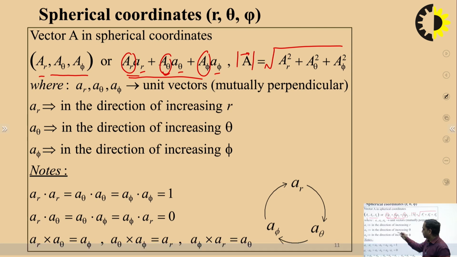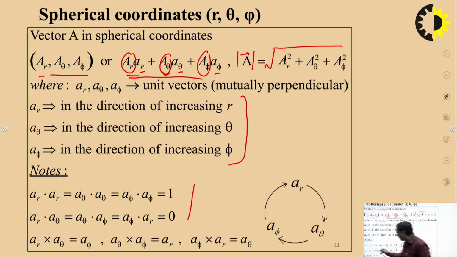Okay. So as I mentioned, a_r, a_theta, a_phi are the representation of the unit vectors, and the same properties apply as we discussed in the cylindrical coordinate system. In the spherical coordinate system, the unit vectors satisfy a_r dot a_r, a_theta dot a_theta, a_phi dot a_phi equal to 1. Because this is an orthogonal coordinate system, the dot product between different unit vectors will be 0.